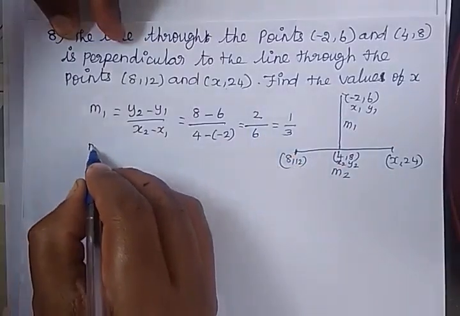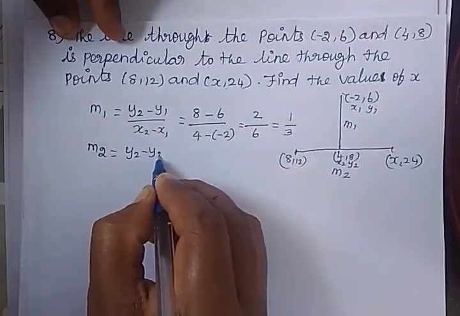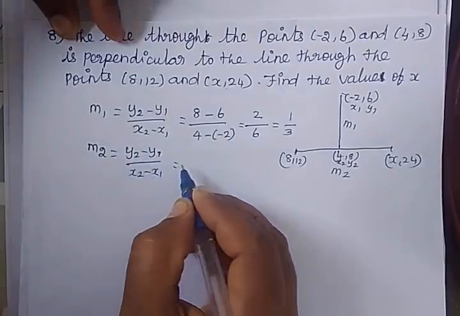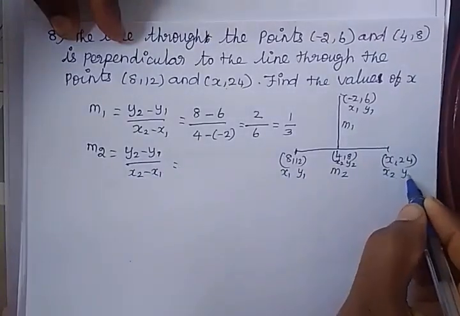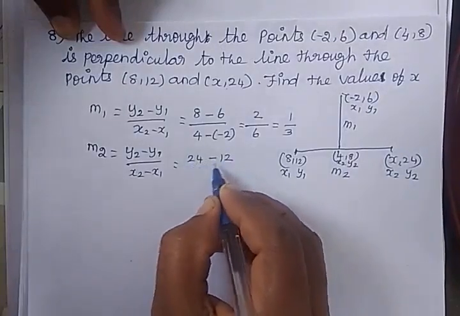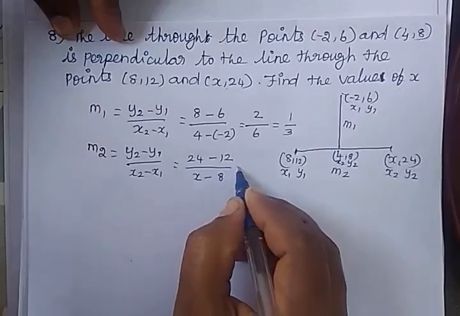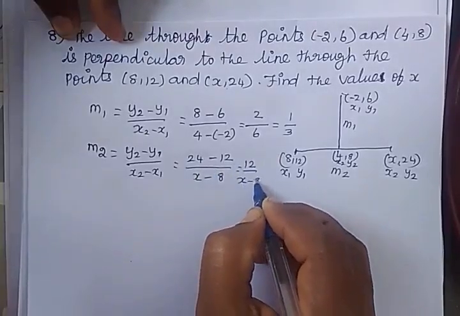Next, the slope of the second line, m2, is equal to the same formula (y2 - y1) / (x2 - x1). Here y2 is 24 and y1 is 12, x2 is x, x1 is 8. 24 - 12 is 12, so 12 / (x - 8).